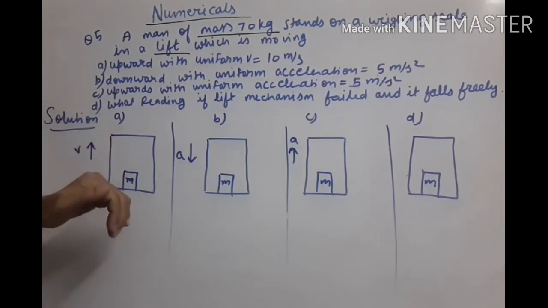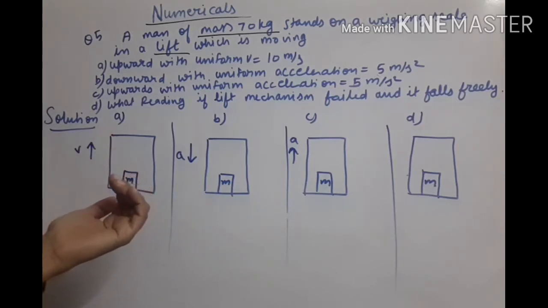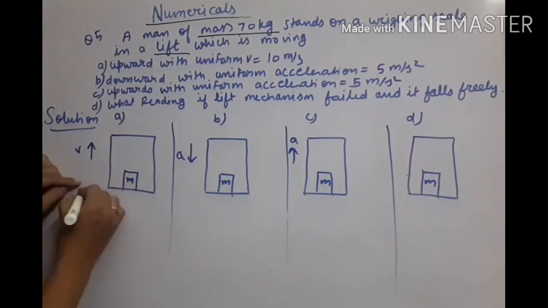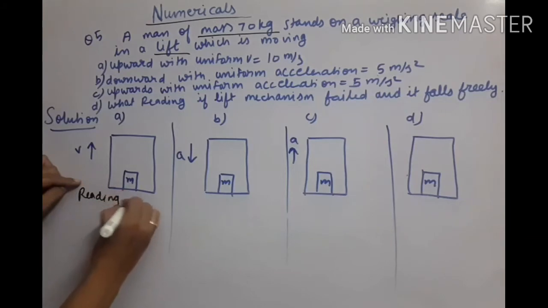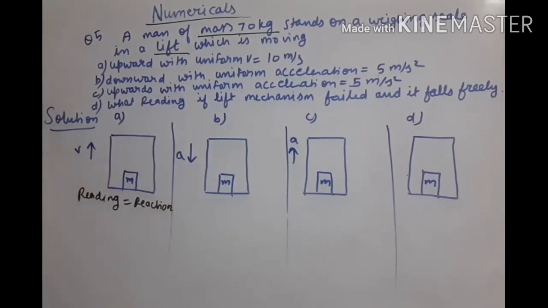By whatever force we depress the weighing machine, that means the action force, the weighing machine gives a reading equal to the reaction. Remember this point: the reading of the weighing machine is equal to the reaction given by its spring to the person.